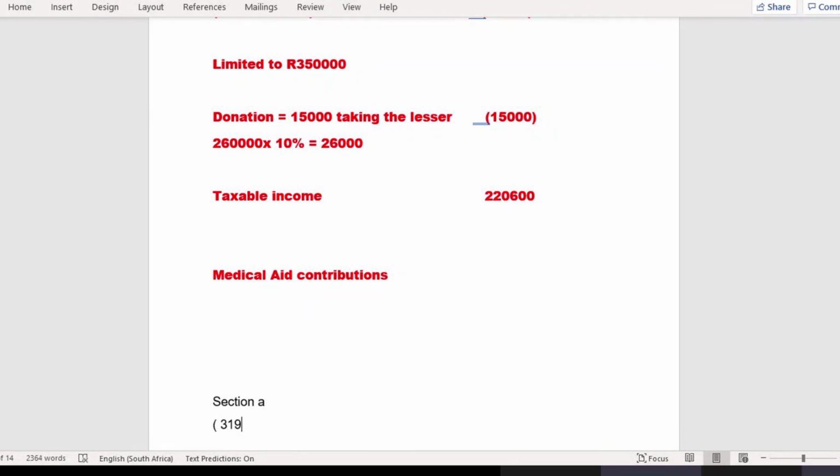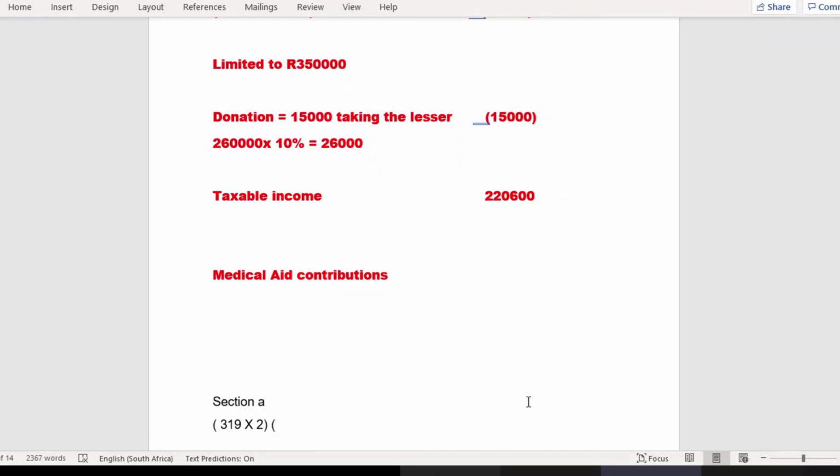Yes, 319. Okay, and then you multiply that 319 by 2. Yes. And then the remaining children. I'm not sure how many children she had. It was 2.